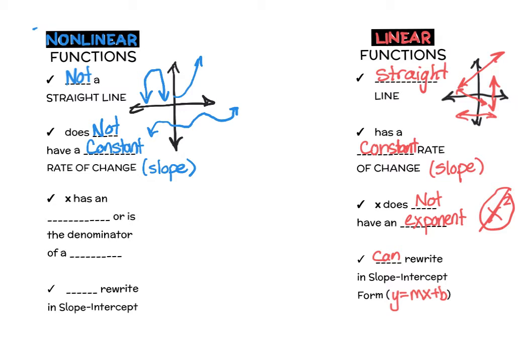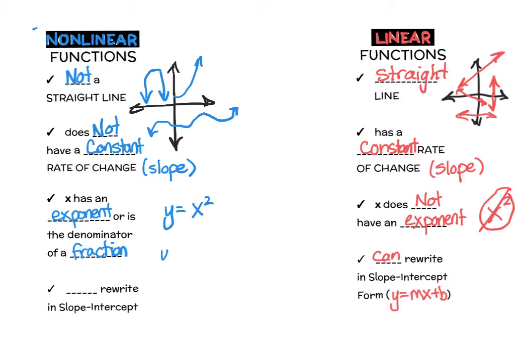Okay, it's not constant. All right, typically with nonlinear functions, x has an exponent or is the denominator of a fraction. So, examples of this: if you see an equation that says y equals x squared, this is a nonlinear function because the x has an exponent.